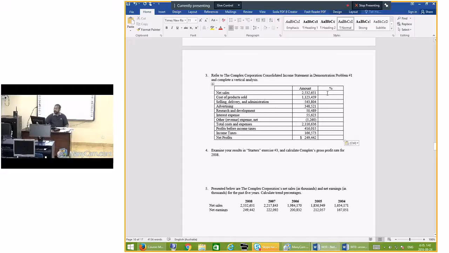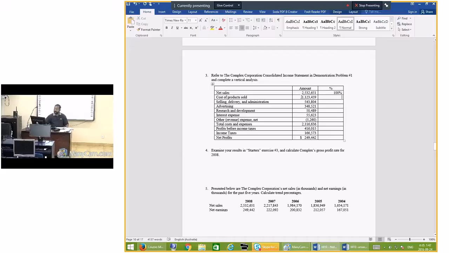Now calculate net sales as 100%, and what is the percentage of cost of product sold, 1,123,459, as a percentage of sales.